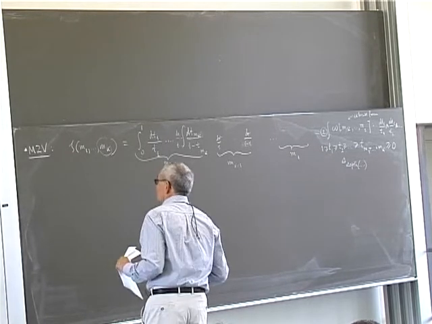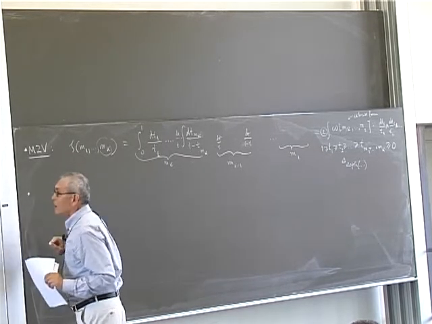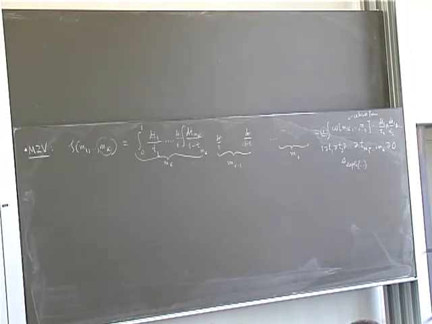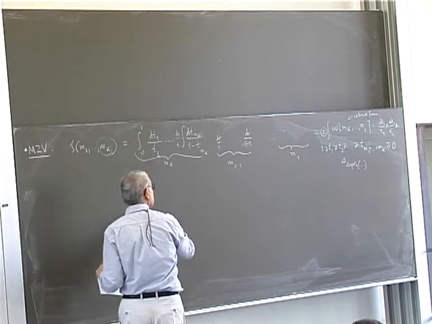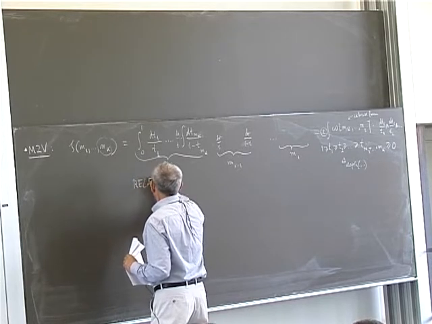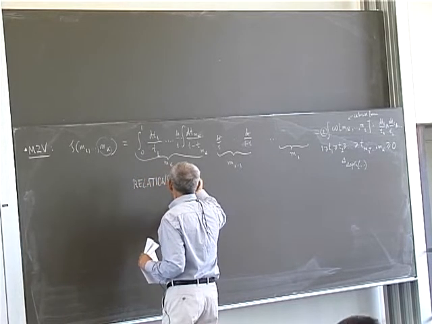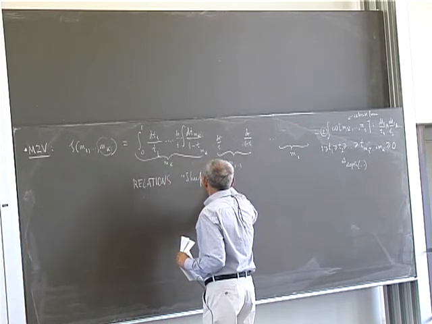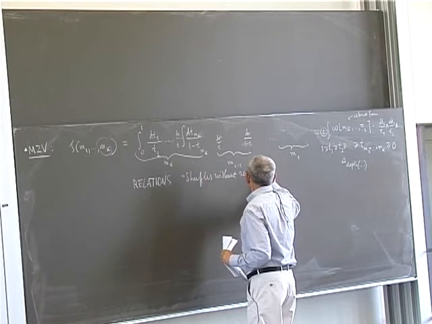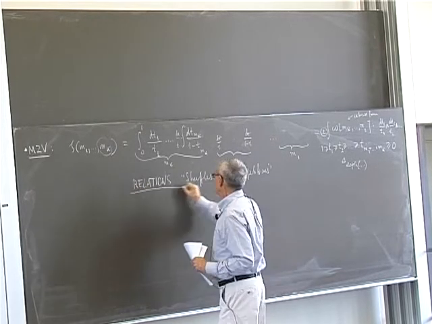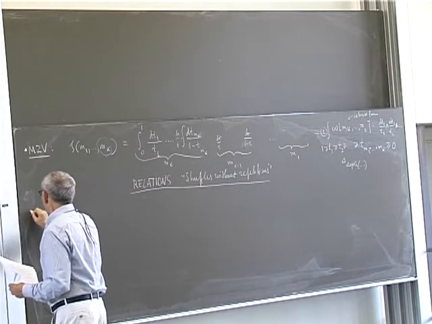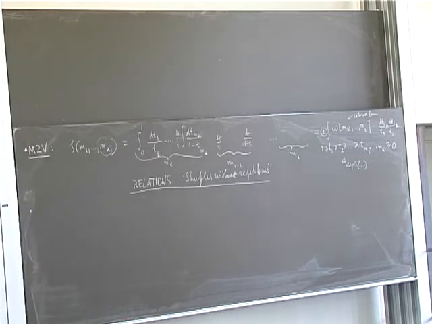Okay, so we have this integration, and the funny thing is that you now can get new relations corresponding to shuffles without repetitions. So you just play the same game. I will try to produce the simplest example.